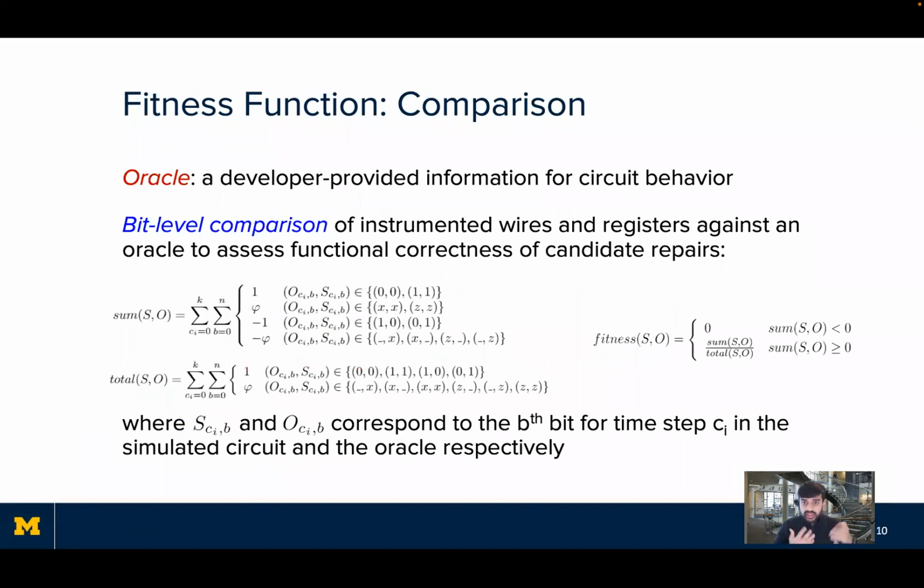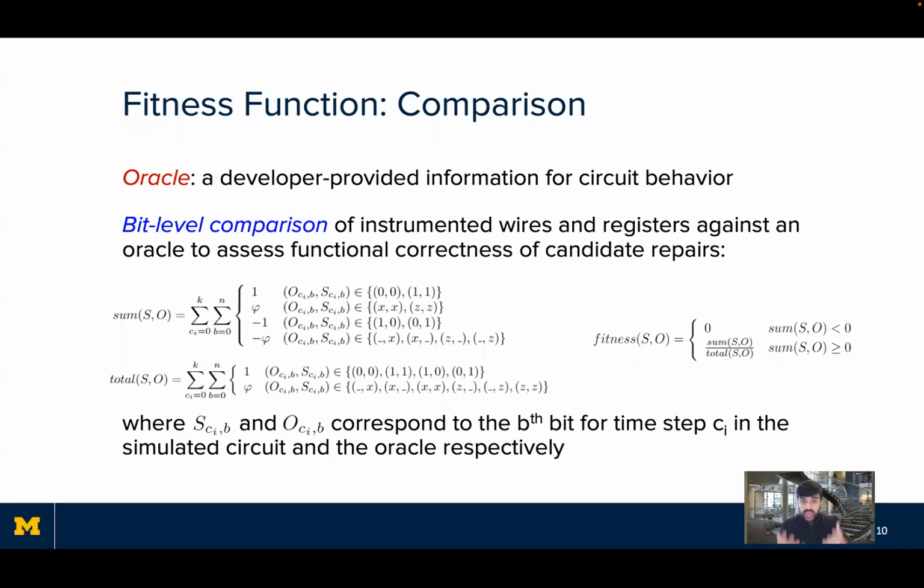Once we have the output values recorded by simulating a circuit using our instrumented test bench, we then move on to the comparison phase of our fitness function. As a reminder, we desire a fitness function that assigns high fitness values to candidate repairs that display behavior similar to that associated with, say, a correct implementation of the design.